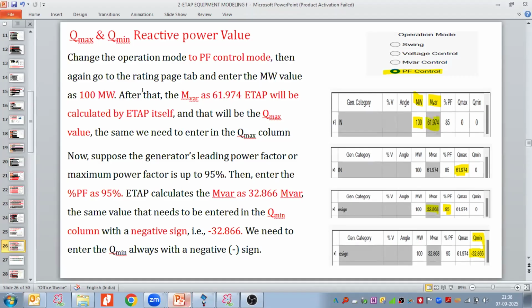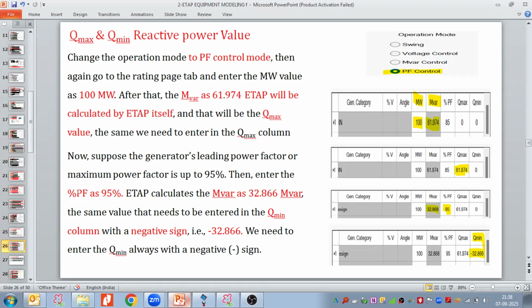So change the operation mode to PF control mode. Then again go to the rating page tab and enter the megawatt value as 100 megawatt, as we mentioned over here. After that, ETAP itself will calculate the MVAR, and that will be the Qmax value. The same we need to enter in the Qmax column. Now suppose the generator's leading or maximum power factor is up to 95%.